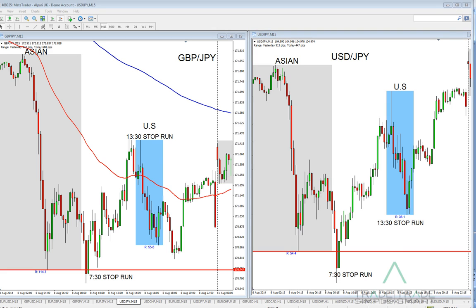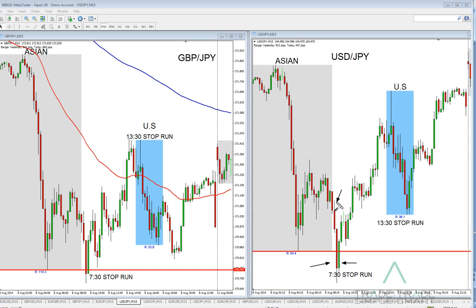immediately we can see that we have an identical stop run to our sterling. At 7:30 we have a stop run of the lows with an aggressive candle which penetrates our level by more than 3 points. We then have a failure to confirm, but we have a lower high.